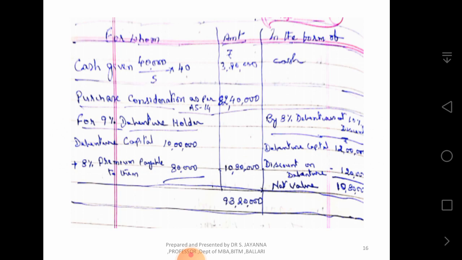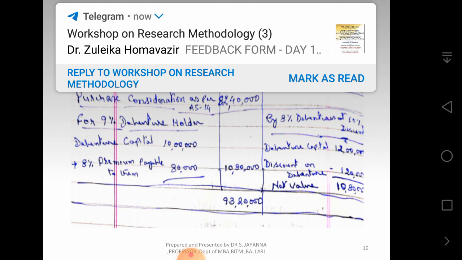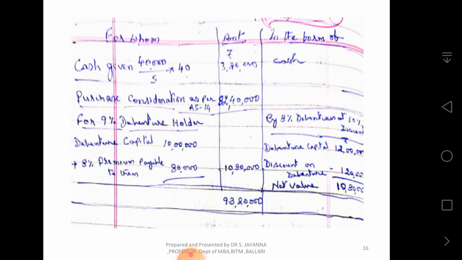So net value payable to debenture holders is 10 lakh 80,000. So 12 lakh rupees debentures are issued at a discount of 10%, meaning 1 lakh 20,000 is to be lessened from that. So 10 lakh 80,000 net value of the debentures is given. So 12 lakh rupees face value of debentures are given to the debenture holders.